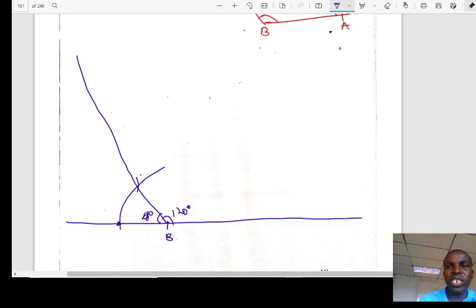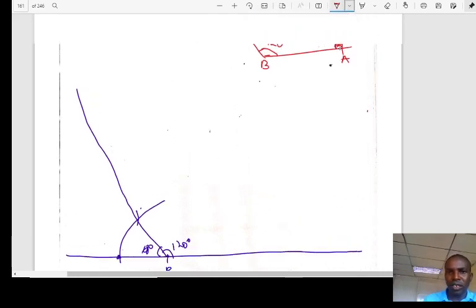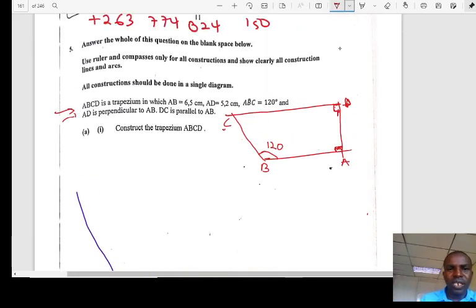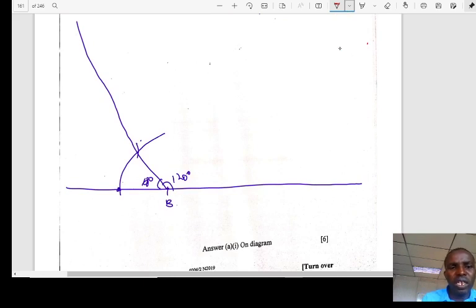Then you want A. What is the size of AB here? AB is 6.5 centimeters. Then AD is 5.2 centimeters. So you measure 6.5 on your ruler, then you mark on your diagram here using your compass.